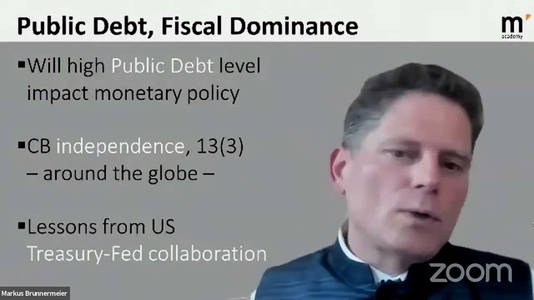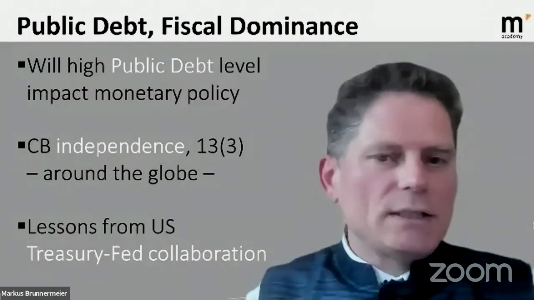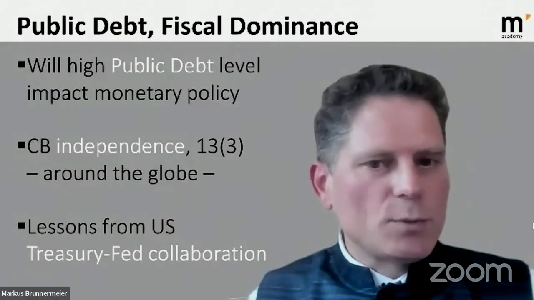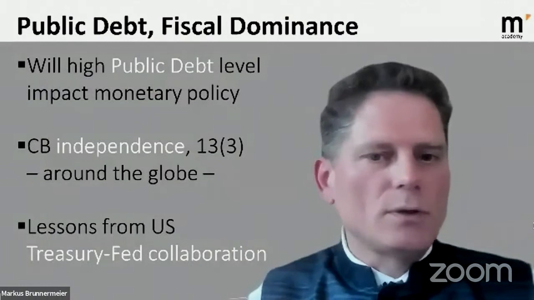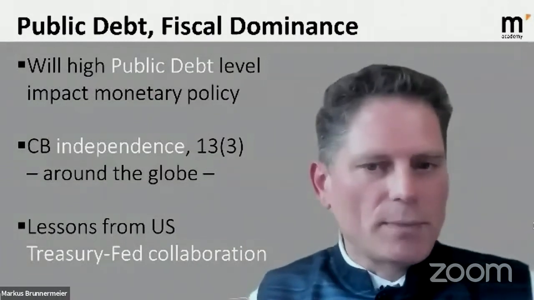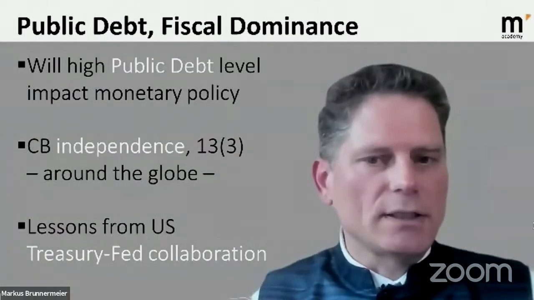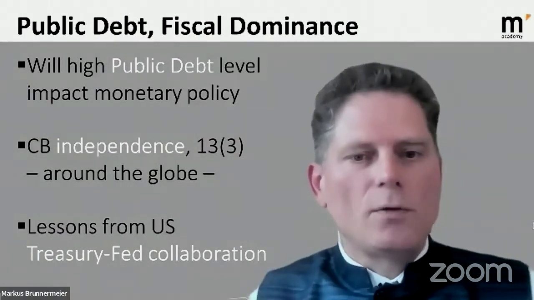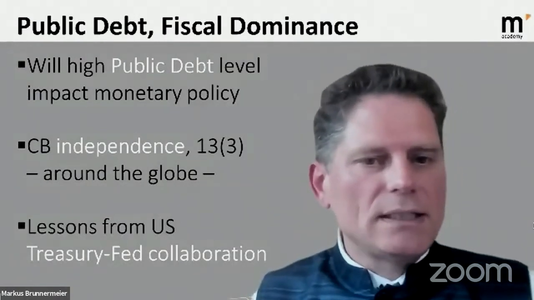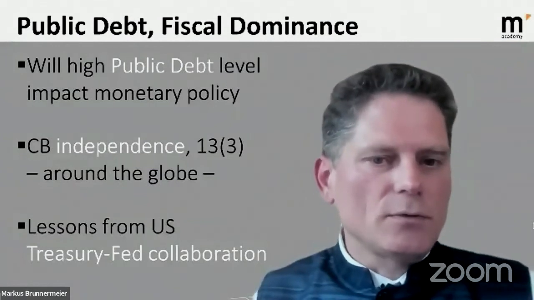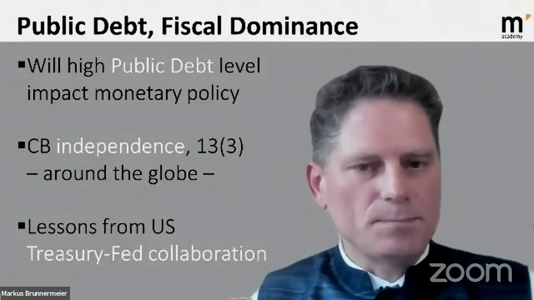And finally, in times of crisis, one says typically the treasuries and the central bank should collaborate much more closely, and you did so with the US Treasury, also with the corporate bond purchasing programs, where essentially the tail risk was taken on by the US Treasury rather than by the Fed, because that's not the role of the Fed. Any lessons we should learn from this interaction between the treasuries or the finance ministries and the central banks, not only for the US, but also for other countries?